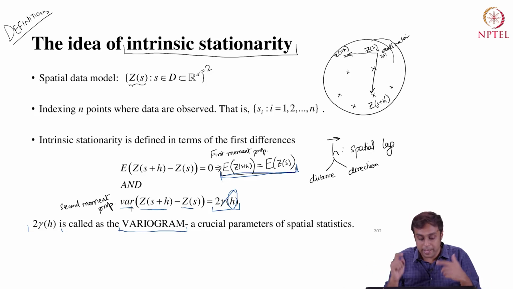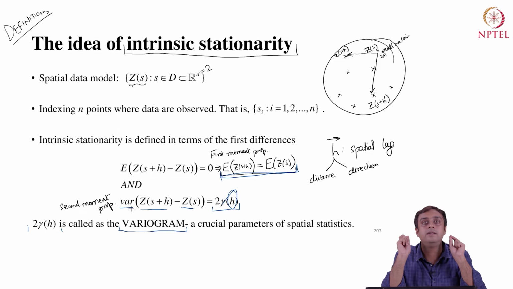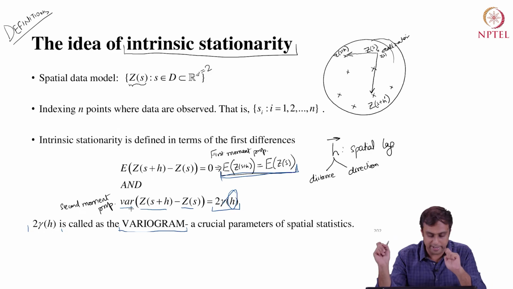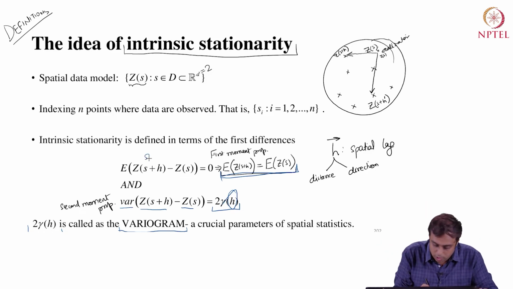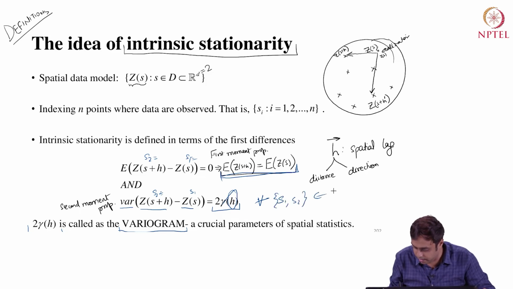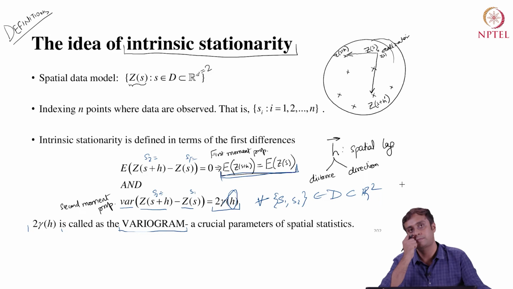Now, this variogram only depends on h, it does not depend on Z. It also does not depend on the location, it depends on the distance norm between two given vectors S1 and S2. You can call s plus h as S2 and s as S1, and you can think of any two locations in this domain. So, this is true for every S1 and S2 pair in domain D, which is a subset of the two-dimensional real space.